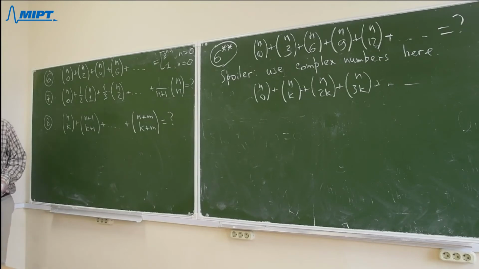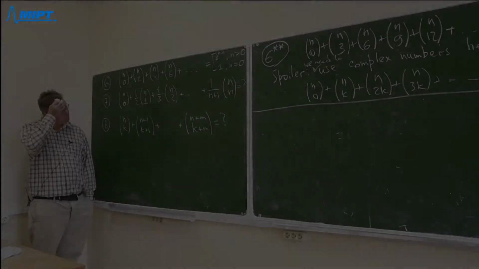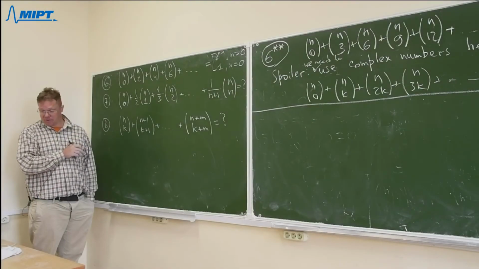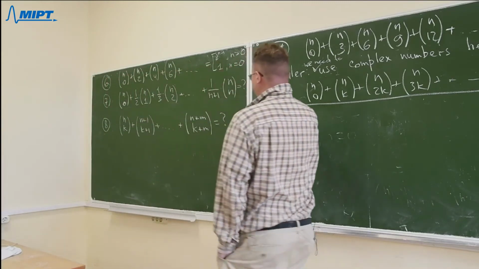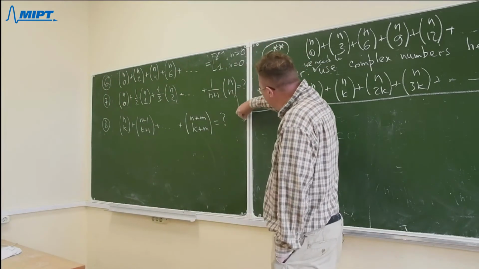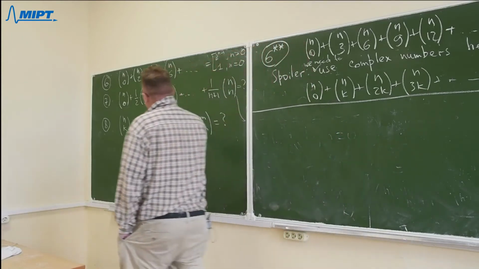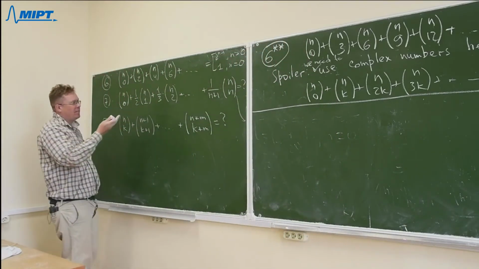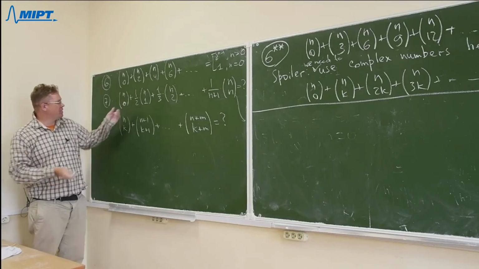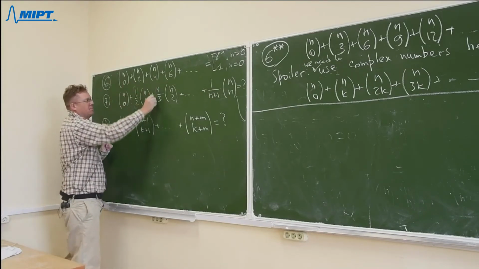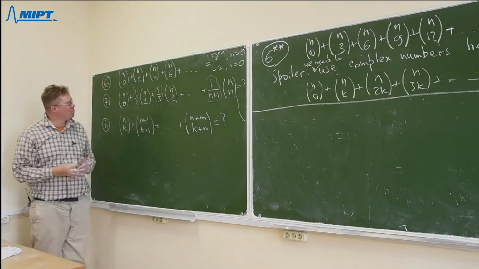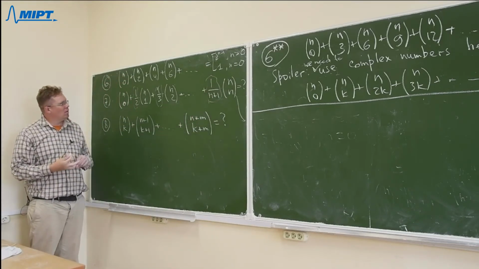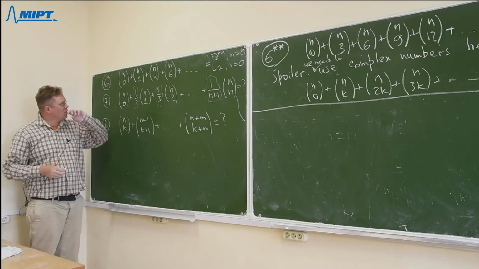Okay, let's go to the next identity, number 7. Do you need a hint here? No? Yes. Okay. If you look at this formula, you can see that you cannot use the Pascal triangle here because we have some strange coefficients, and they're not helping us.